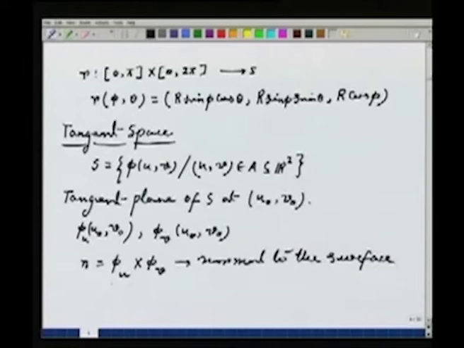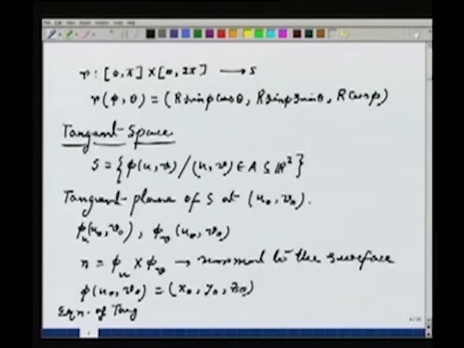Then the equation of the tangent plane, if phi of (u0, v0) equals (x0, y0, z0), is nothing but n dot (x minus x0, y minus y0, z minus z0) equals 0.